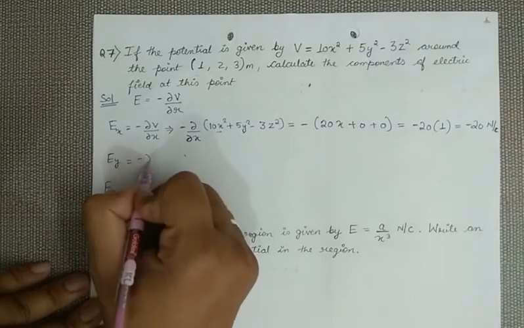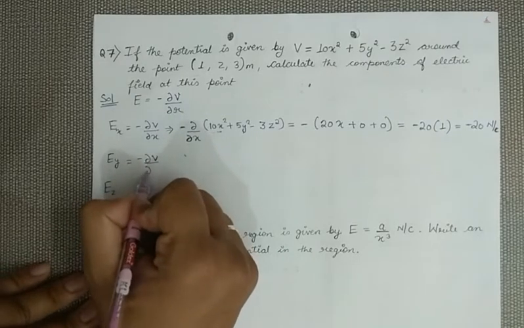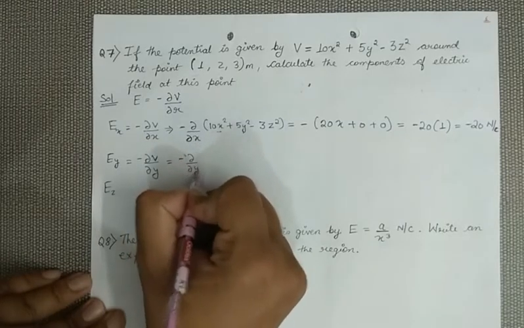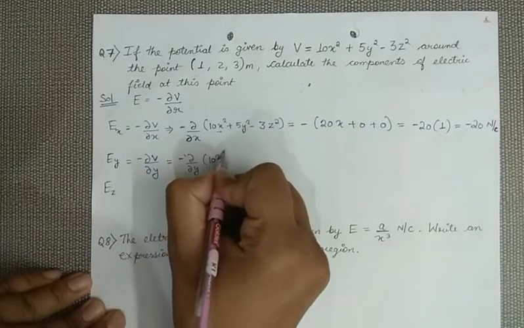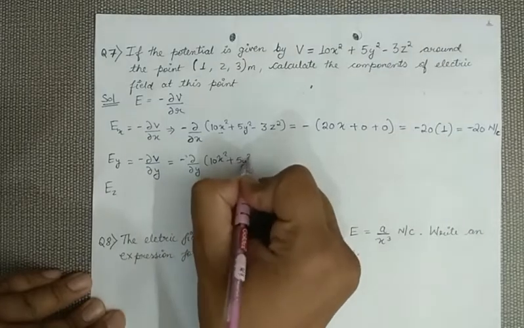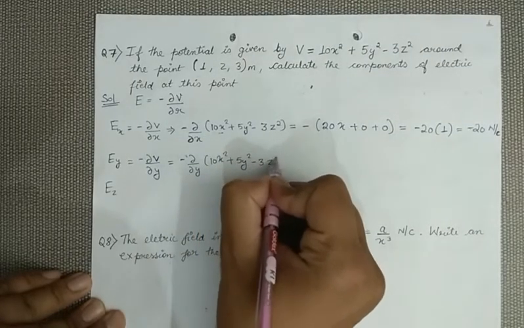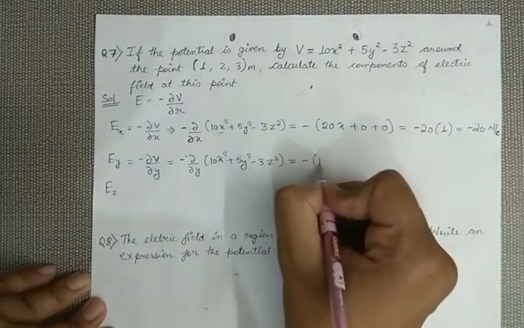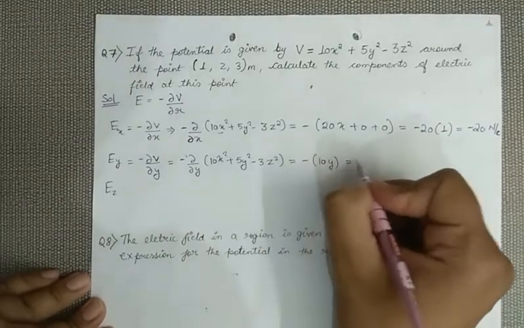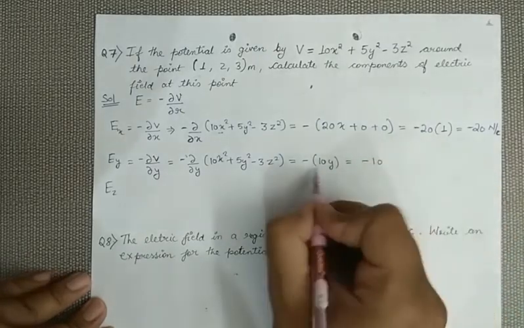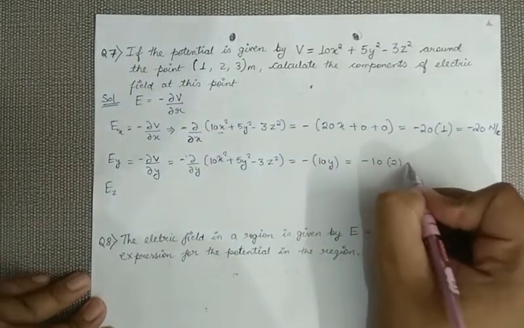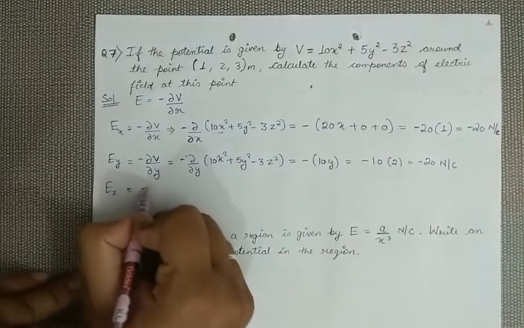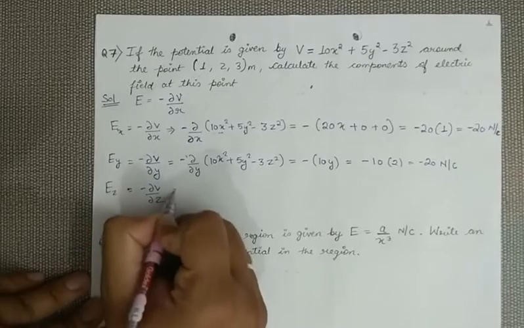So for y it will be minus dV upon dy. So it will be minus del of 10x square plus 5y square minus 3z square. So let me just solve it directly. So you will get minus 10 of y. So you will simply get minus 10 times, and the coordinate for the y is 2. So your answer is again minus 20 Newton per Coulomb, and for the z it is minus del V by del z.